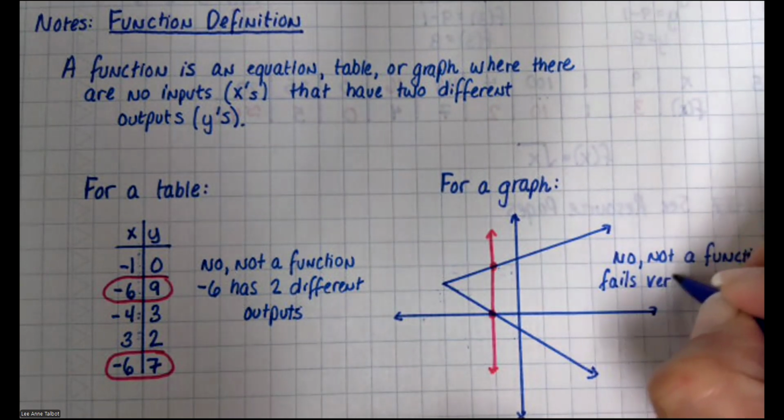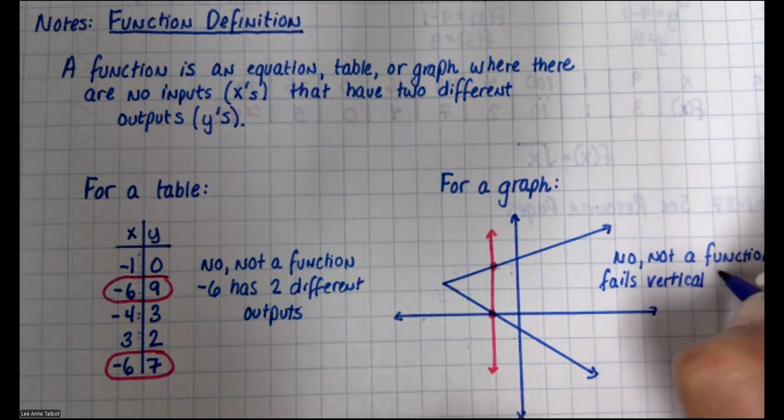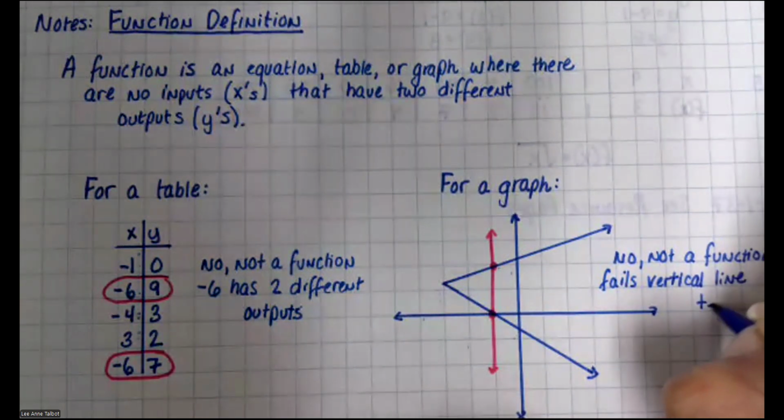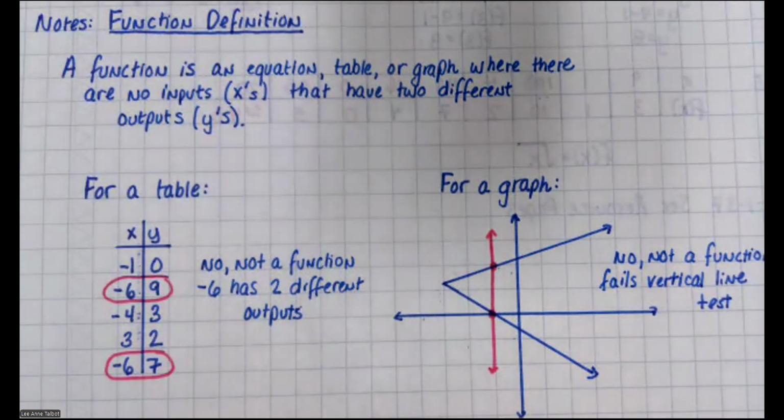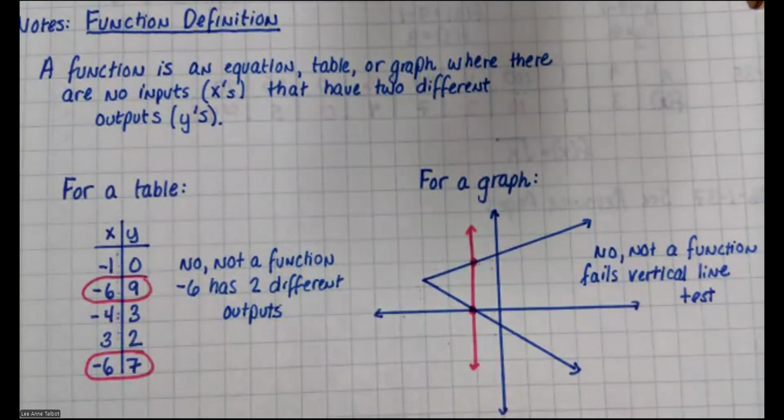Fails vertical line test. And that will be your explanation for that. So you draw in your evidence on the graph, not a function, fails vertical line test.